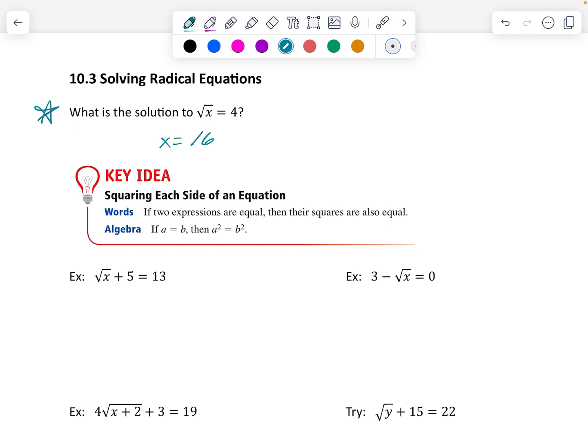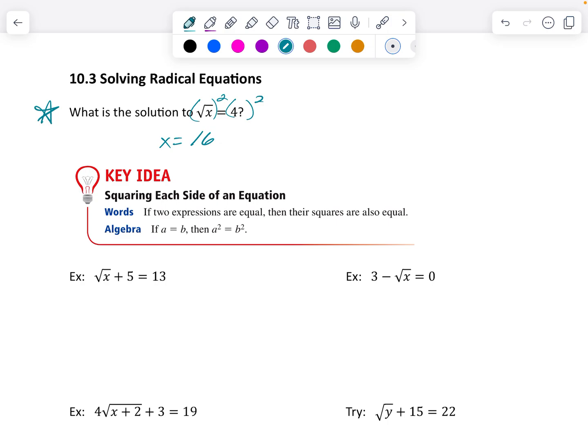And a way we can solve equations like this, just like we can add the same number to both sides or subtract, multiply, divide. We even talked about square rooting both sides earlier in chapter 9. We can also square both sides of an equation. And notice when we square the square root on the left, we have just x, and then on the right, 4 squared is 16.